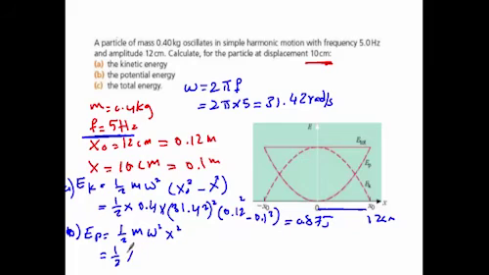So half times 0.4, the value of mass, times omega square, we have it 31.42 all square, times x square, which is the displacement, 0.1 square. This will give us the value for potential energy at this displacement, which is 1.97 joules.